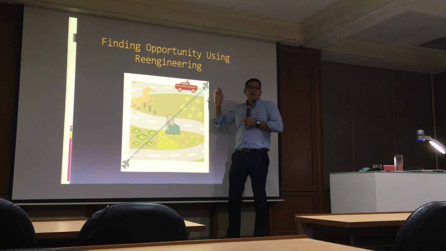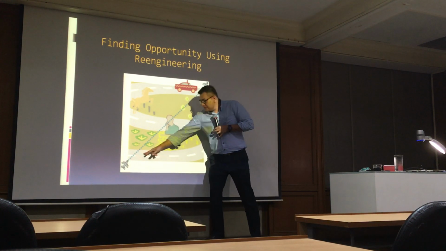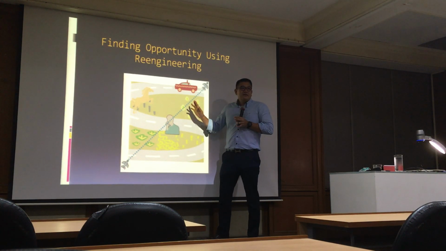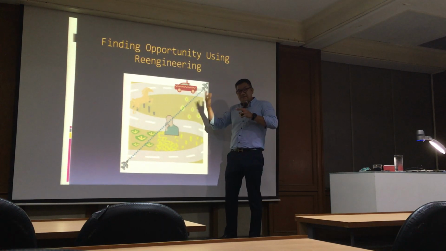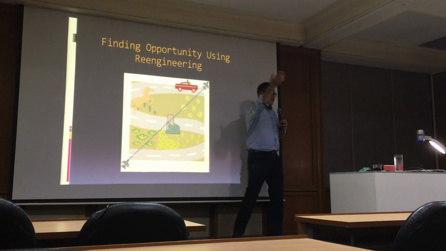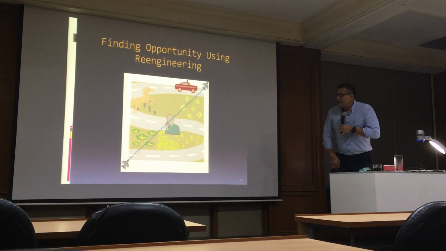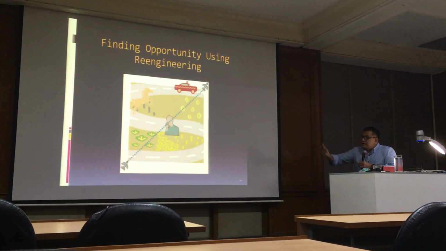This is the improvement. But for re-engineering, why do we need to go on this street? Why not use a plane, fly from here to here? So re-engineering is thinking out of the box a little bit, not stuck on the existing one.